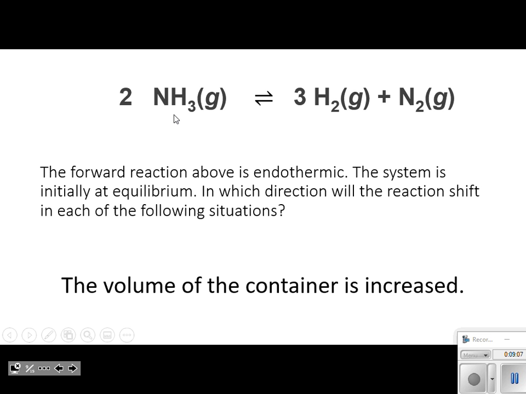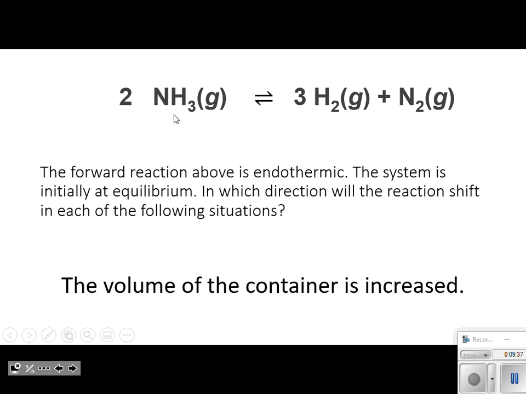The volume of the container is increased. Now, you might look at me and say, we never talked about volume, which is a correct statement. We didn't. But if I increase the volume of the container, what's going to happen? I'm going to decrease the pressure. So when I decrease the pressure, what do I want to do?